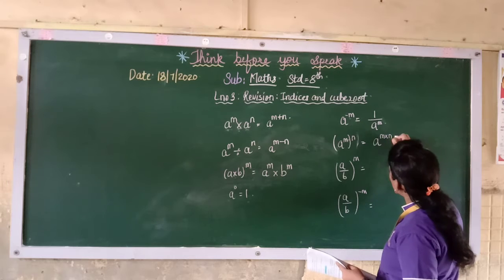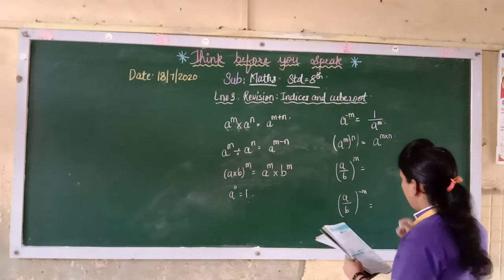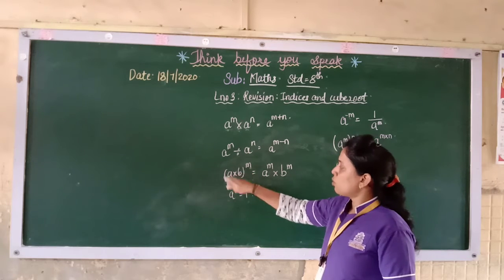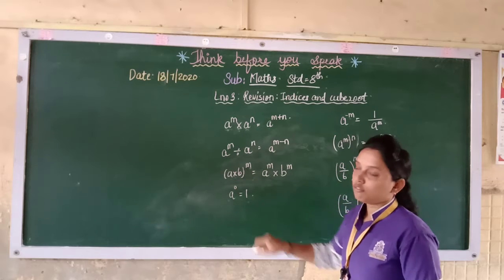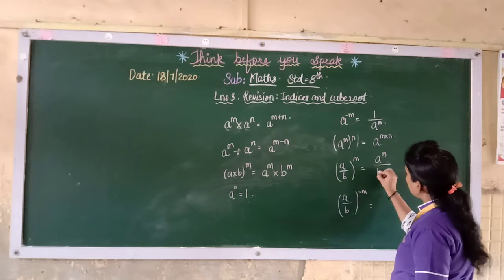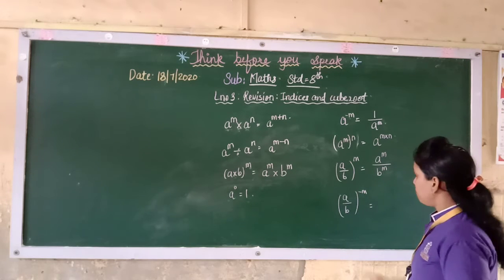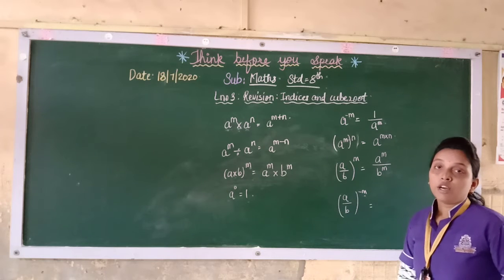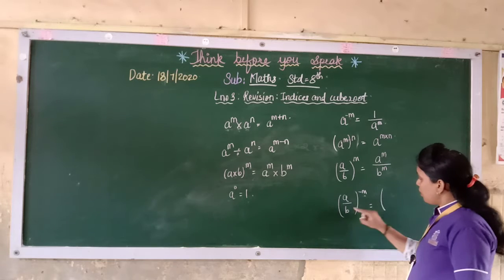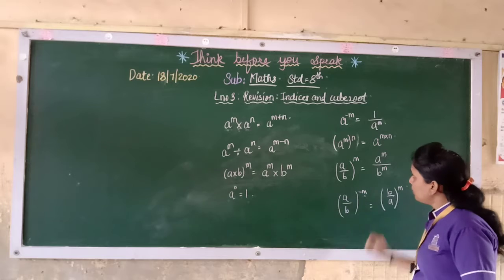So here it will come a raised to m into n. And here, as for multiplication this n, which was a whole bracket, you gave to both of them, so here also it will be given to both of them: a raised to n upon b raised to n. Now if you see here, the power is minus n. You can change it to positive by taking the reciprocal. So here you will take b upon a, so this minus n will become n.